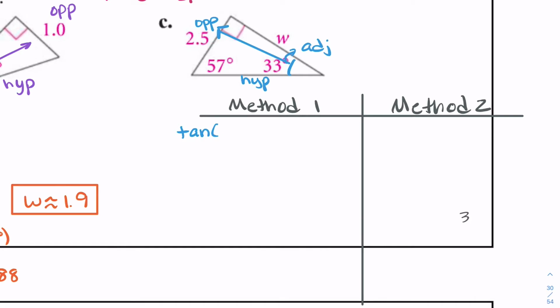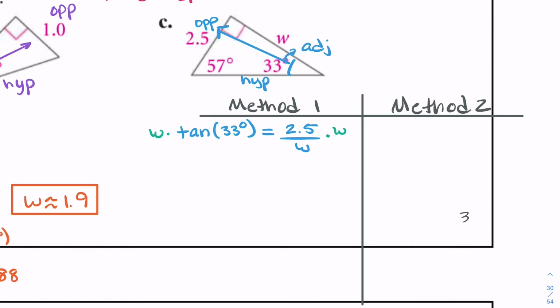I'm just going to go right into it without writing tangent equals opposite over adjacent. But it is equal to the opposite 2.5 over the adjacent, which is W. So I'll multiply both sides by W. Even though I can just flip these and I'm good, it's going to end up being 2.5 divided by tangent of 33. Just switch this denominator with this numerator and you're good.